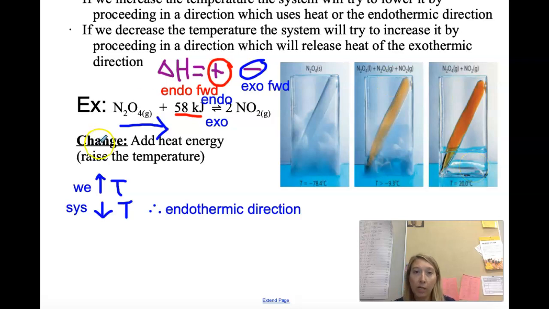So that brown color, if we only have two chemicals in here, has to be due to the NO2. So what we're seeing happening when we look at these temperatures is the warmer we make it, the more brown that tube becomes. And that's because we are creating more and more NO2. So this is how you can help use colors to see what it's shifted to.